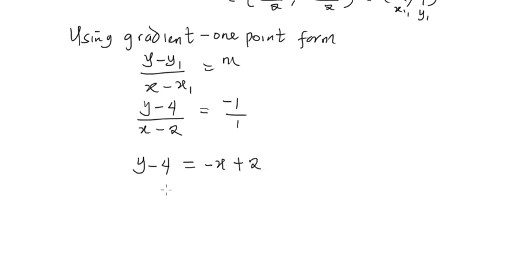Collect like terms, moving everything to one side of the equation. This gives me y plus x minus 4 minus 2 equals 0, and that becomes y plus x minus 6 equals 0. So with this, we have found the locus of the point equidistant from (1, 3) and (3, 5).